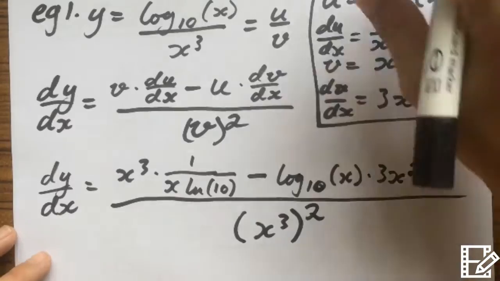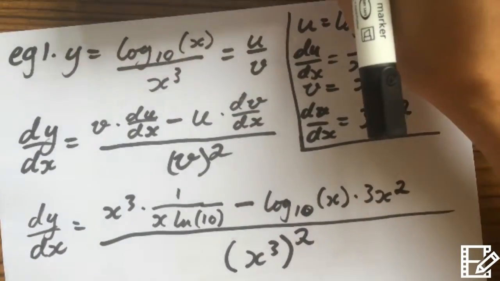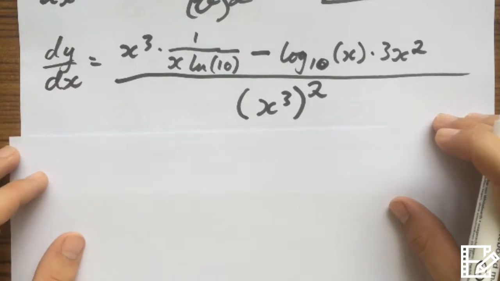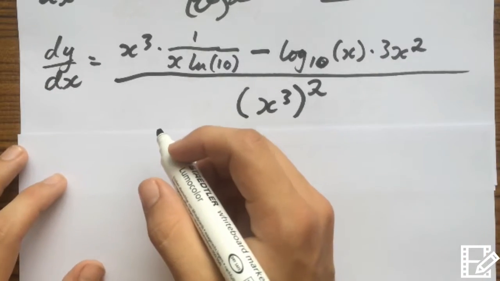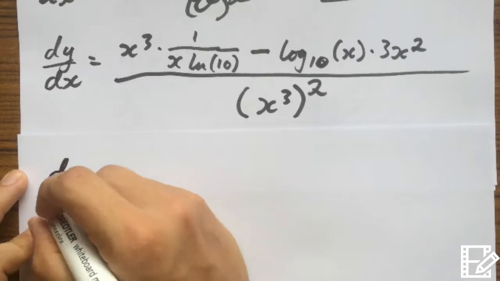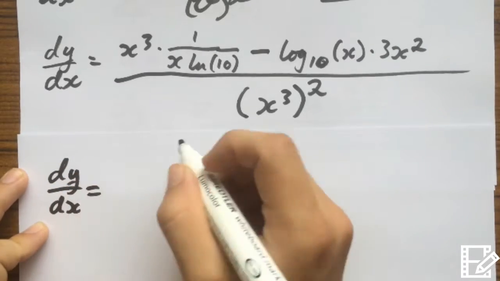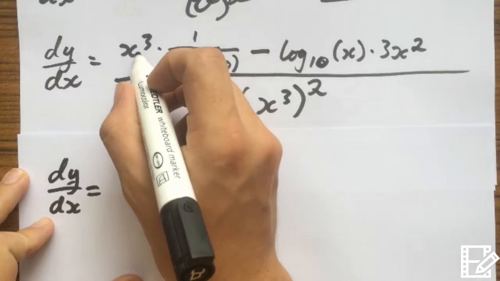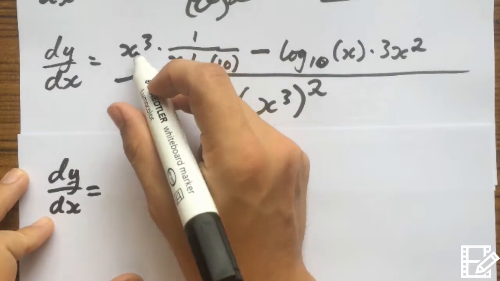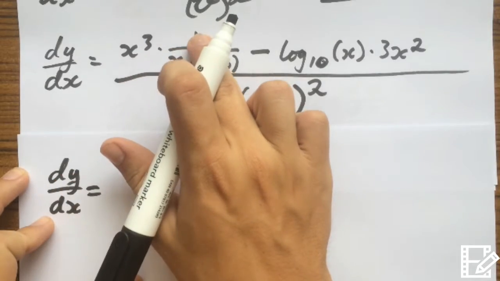Okay, let's simplify this a bit further. dy/dx. Because there's an x to the power of 3 here, and there's an x, when we multiply it, we'll be bringing it on top.